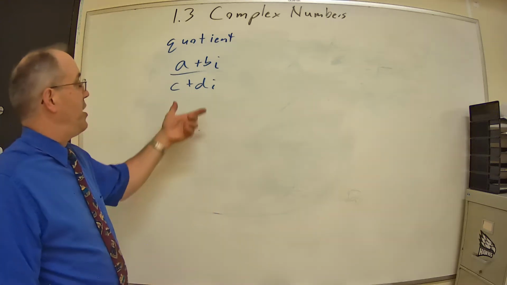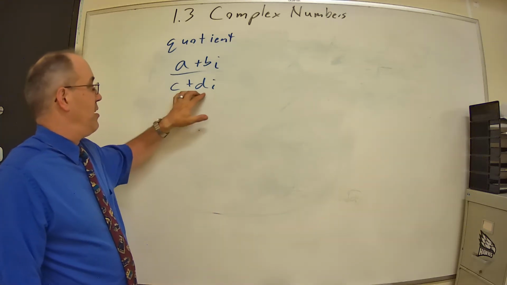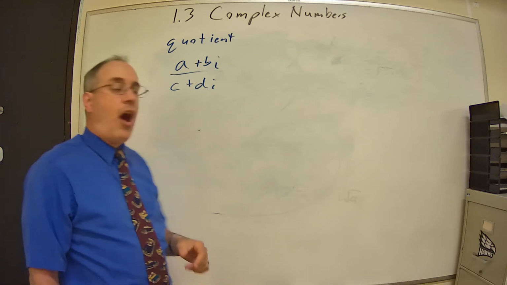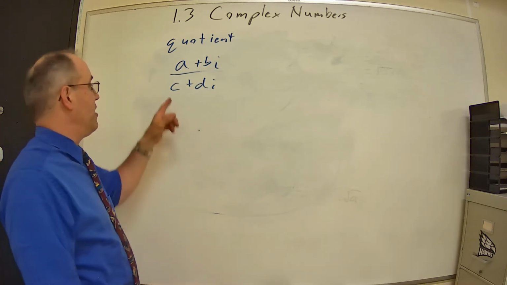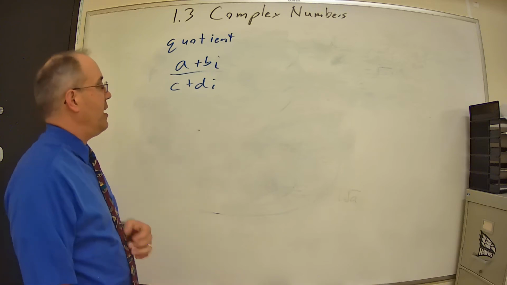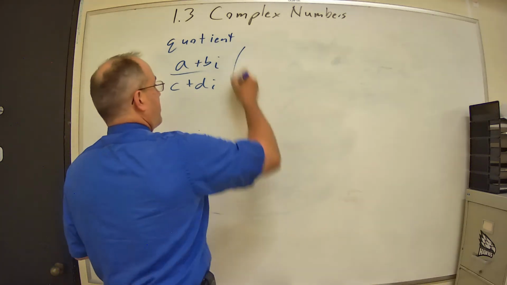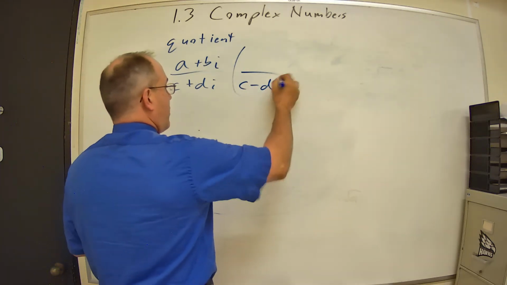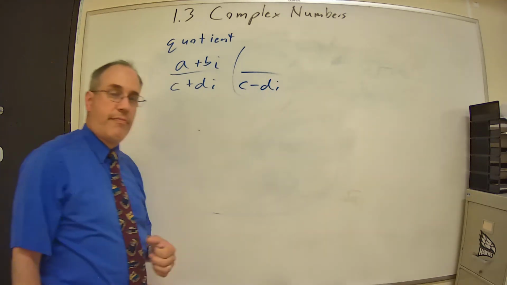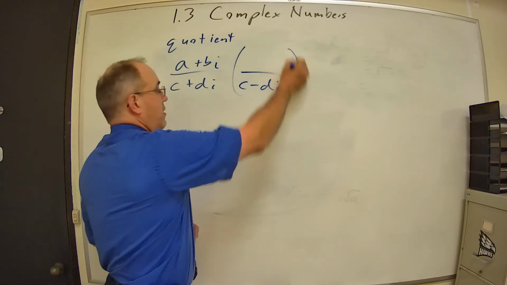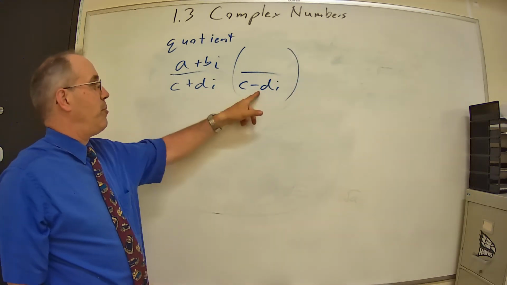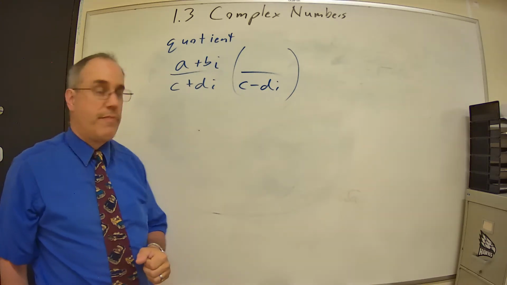Well, what we're going to do here to get rid of this imaginary part is we're going to multiply by the complex conjugate. c plus di, its complex conjugate, is going to be c minus di. Remember, complex conjugate just means you change a plus to a minus or a minus to a plus.